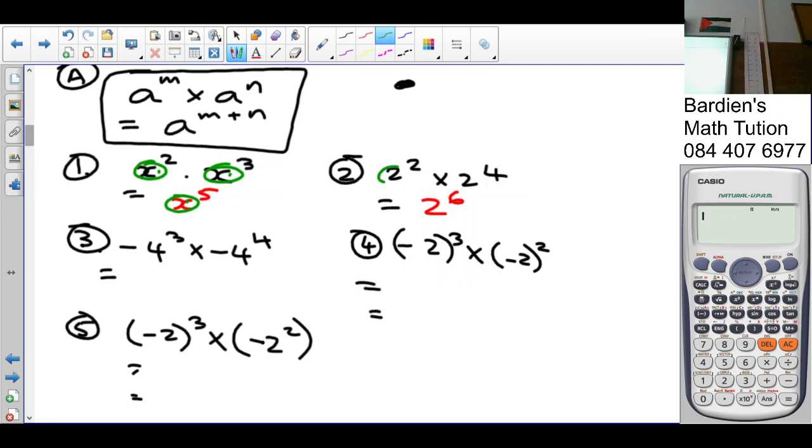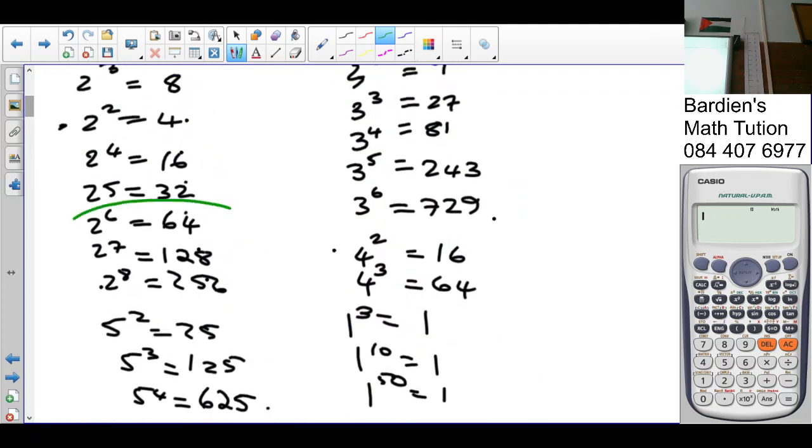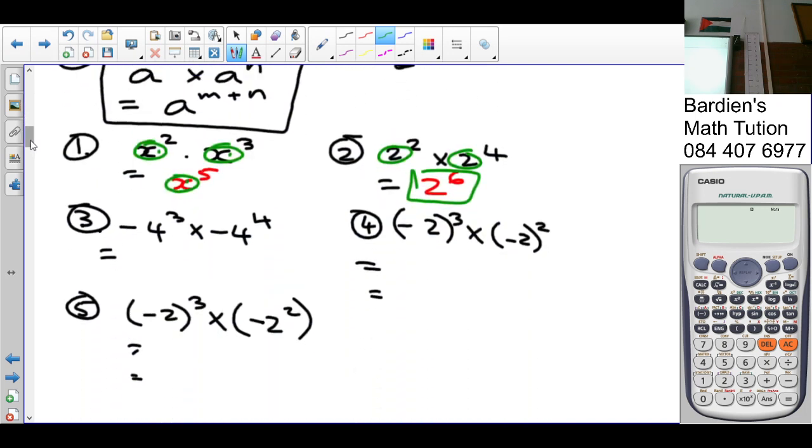So why are you changing these bases here? But I can prove to you why that is correct. If you've got 2 to the 6, what's 2 to the 6? 2 times 2 times 2 times 2 times 2 times 2. And 2 to the 6 we already worked out to be 64.